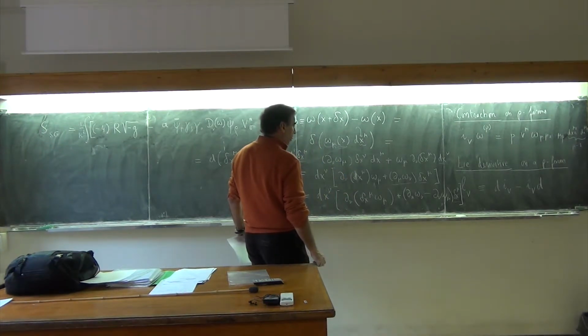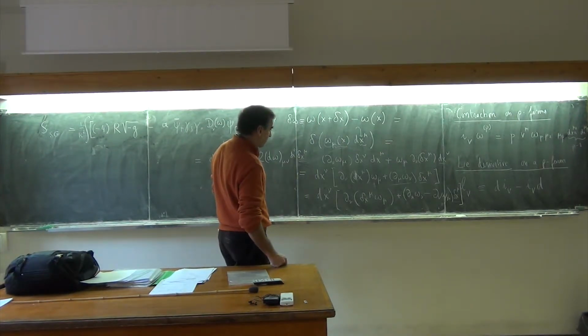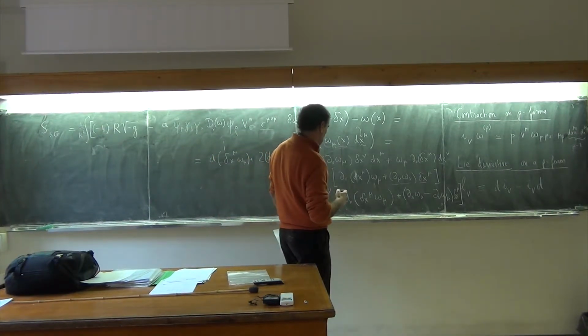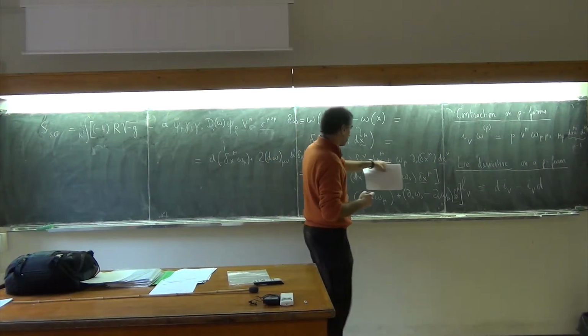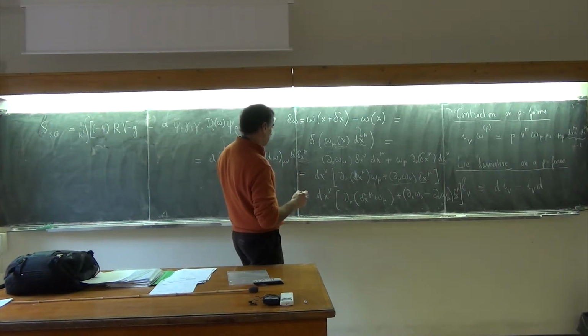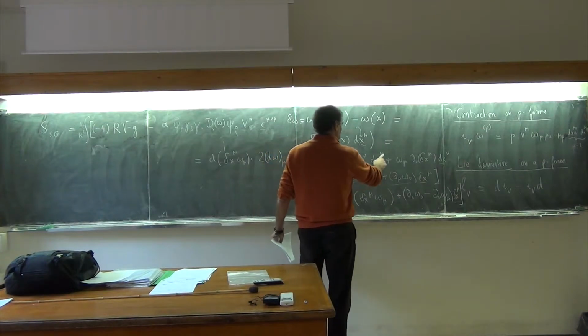Because the non-curly one is always contracted with the omega. No? I mean, already in the first line. The first line, these are contracted, yes. Everything is contracted. Did I write something wrong? This is the second term, so the second term makes sense there.